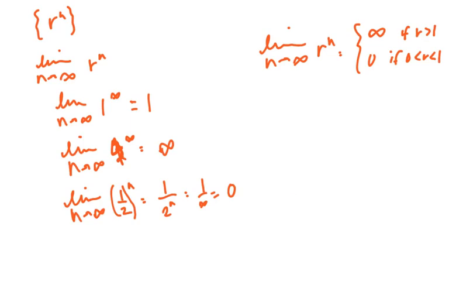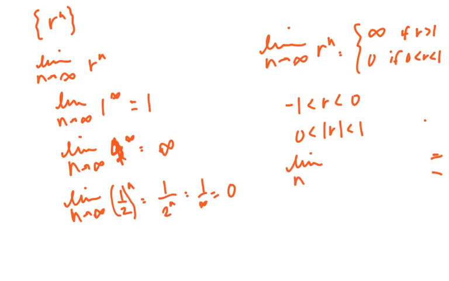So then think about negative 1. If negative 1 is less than r, which is less than 0, then really that's the same as the absolute value of r being between 0 and 1. So it's the same rules as above.